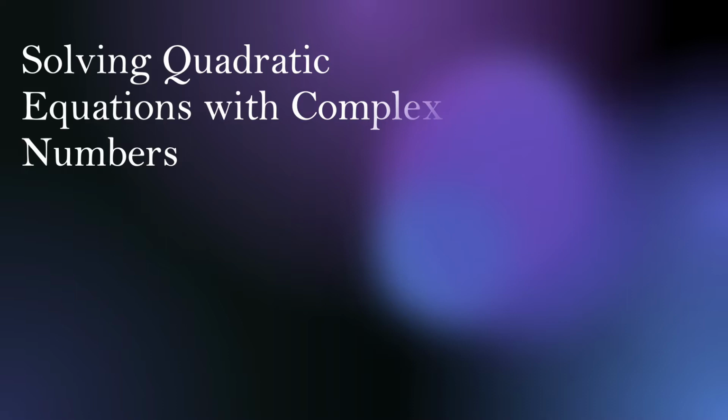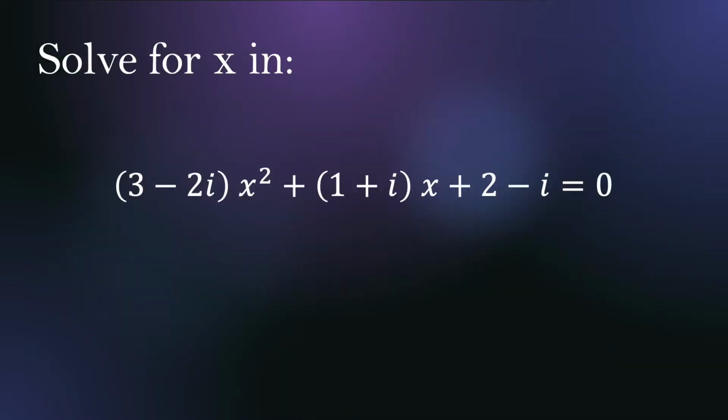The difference is this one has got complex numbers as the coefficients, and the equation is given below. The equation is (3 minus 2i) x squared plus (1 plus i) x plus (2 minus i) equals 0, and they're telling us to find the value of x.